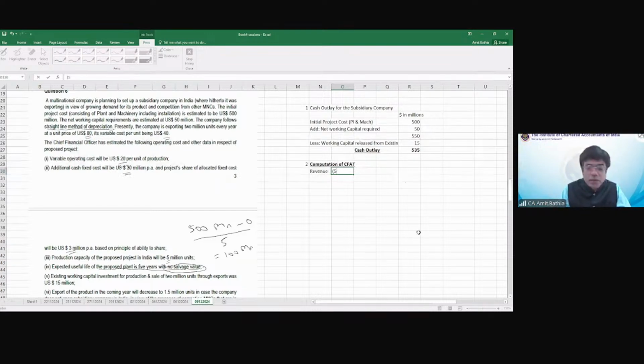So 5 million units into $80, that is 5 into 80, $400 million is my revenue.